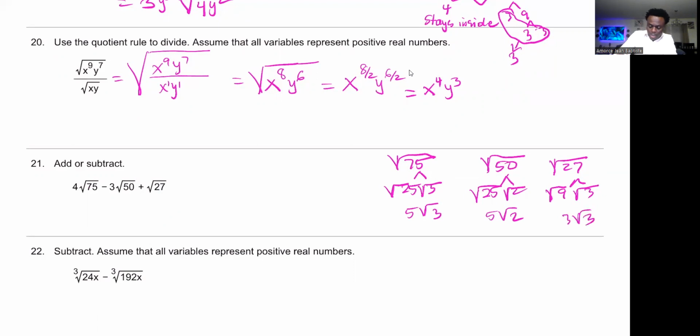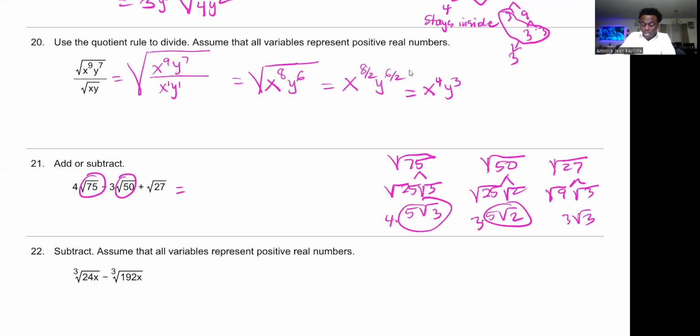Then bring them back into this problem. This is just that, right? So that's 4 times this. This is just that. So that is 3 times this.